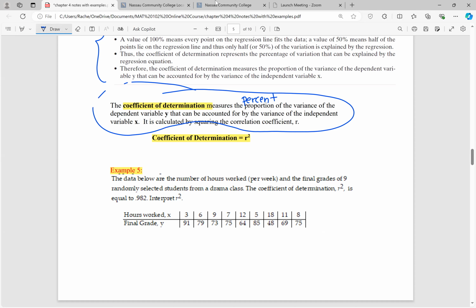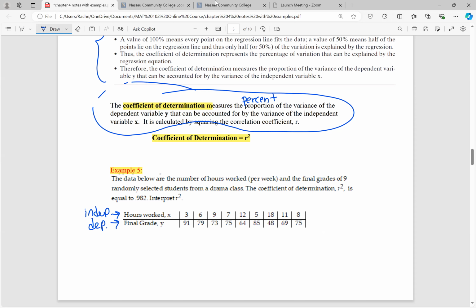Look, in this example, we have X, which represents hours worked per week for a student, and Y represents their final grade in a drama class. The independent variable is always X, and that's the hours worked in this case. The dependent variable is Y, which is the final grade.